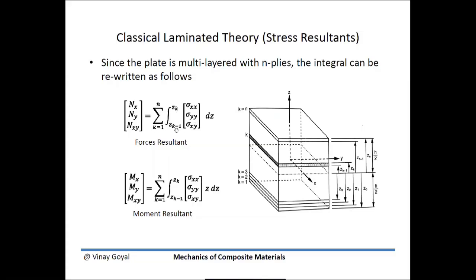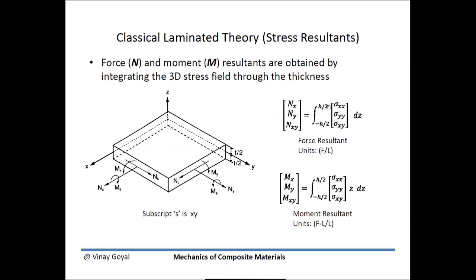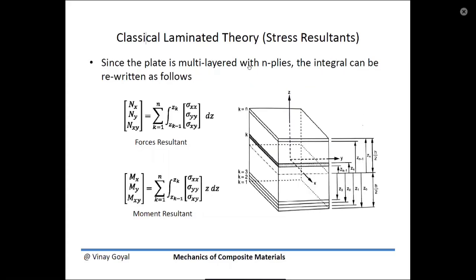This looks more complicated, sorry about that. We're trying to break up the integral into the integral between this point and this point, plus the integral between this point and this point, which is the same thing as the integral from this point all the way to this point. But we have to break it up, and the reason is that the modulus in every ply is changing and the angles are changing. We want to be able to understand the overall effective behavior of this plate. So that is the approach to use to get there.